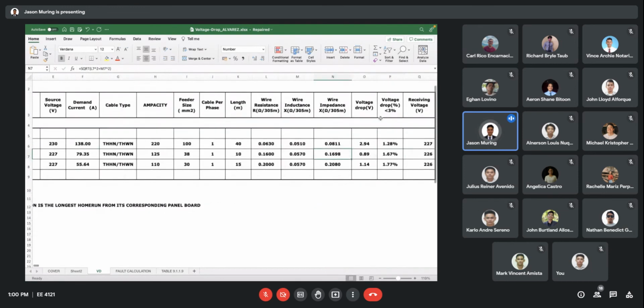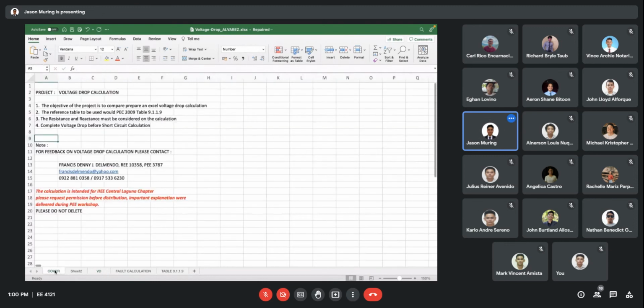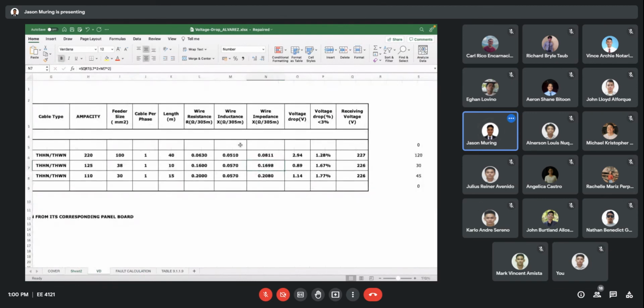But in this case, to be safe, this table and this format, the seasoned practitioners always play safe. In their analysis, the calculations are always safe.